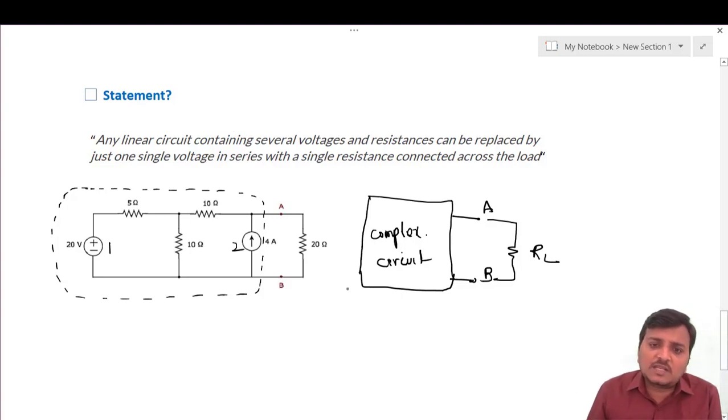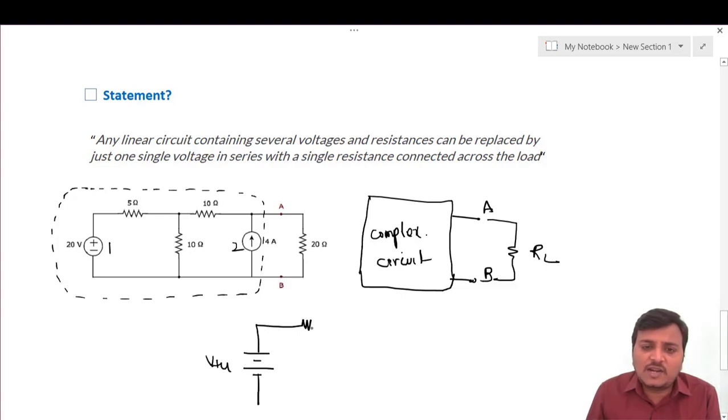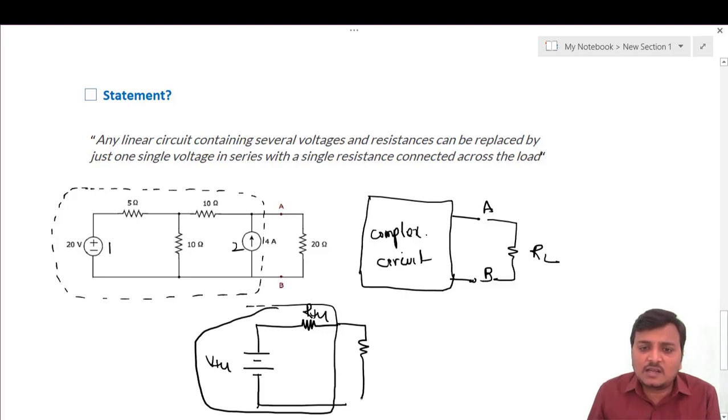So your complex circuit is replaced with the Thevenin's equivalent circuit. What is the Thevenin's equivalent circuit? You have one voltage source VTH, and the equivalent resistance RTH connected in series. So this complex box is replaced with an equivalent voltage source, and I can keep it in the box, because the box has a Thevenin's equivalent circuit, and I can connect a load resistance RL at the terminals A and B. So this is the simple Thevenin's theorem.